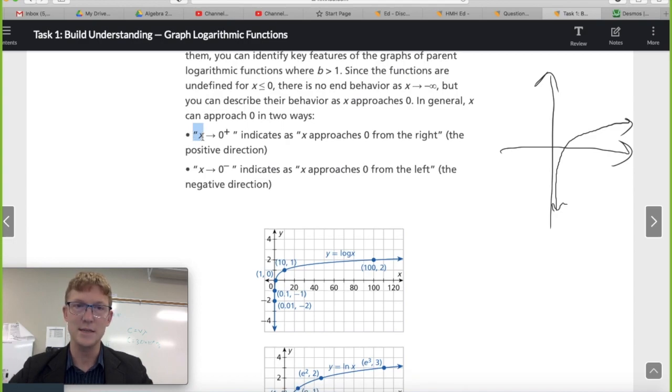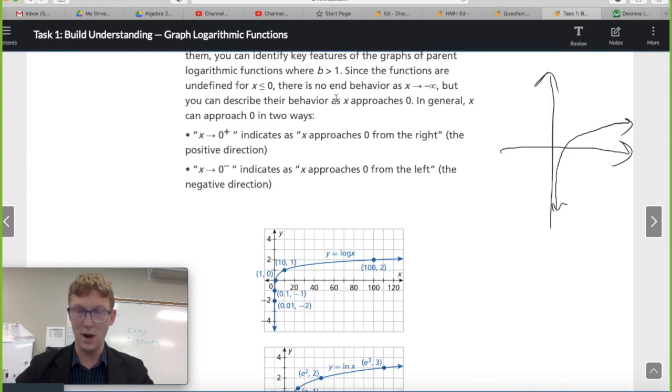So as x approaches 0 from the positive direction, so again, what that means is as x approaches 0 from the right, so going this way, and then we can also talk about as x approaches 0 from the negative direction. So there we can talk a little bit more.